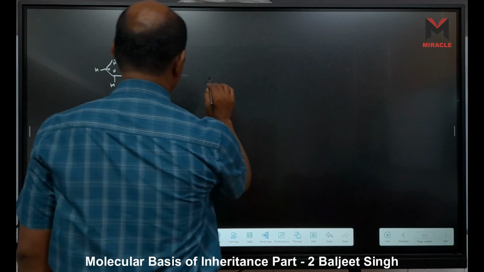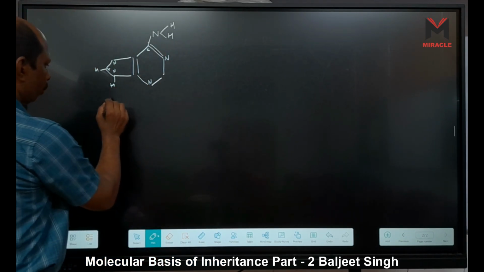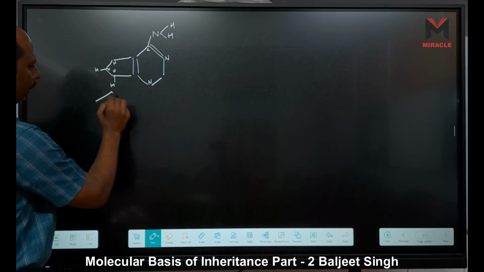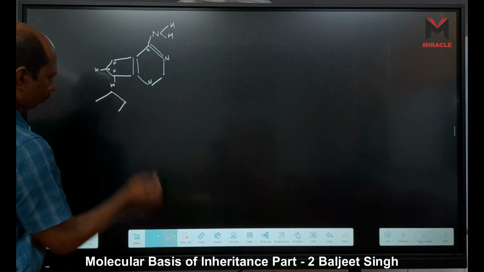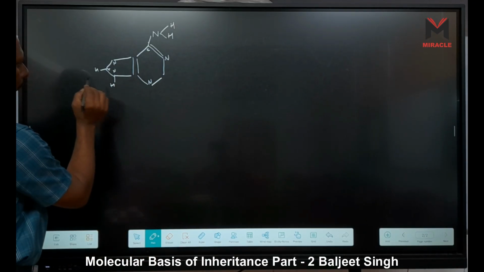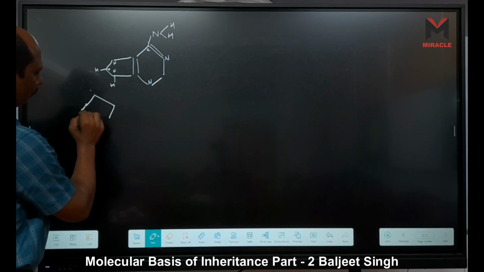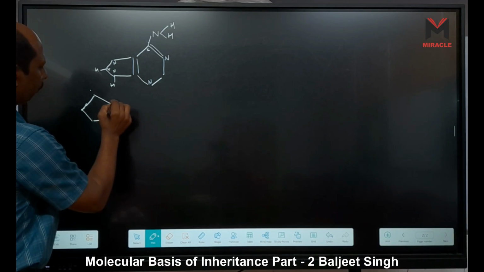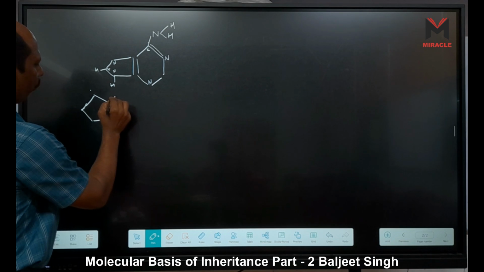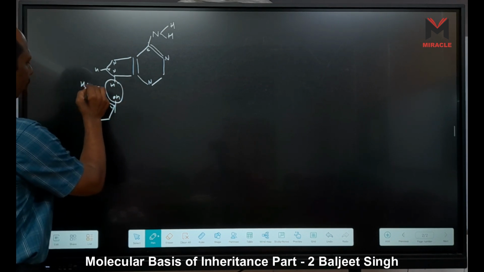Okay. Now second, adenine always binds with this side, which is pentose sugar. We know first carbon means OH group, and a water molecule is released here. I already told you, right?